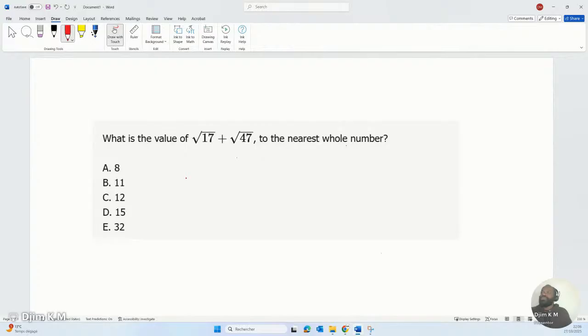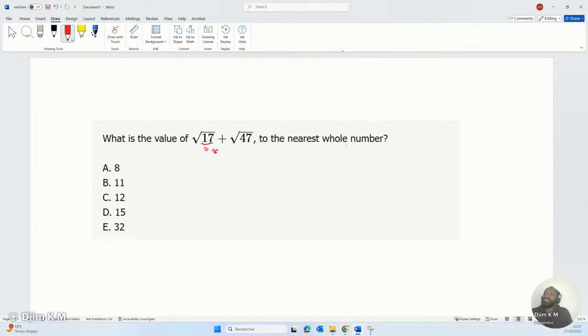So what is the value of square root of 17 to the nearest whole value? So the nearest value. So we know that 17 here is approximately equal to 16.